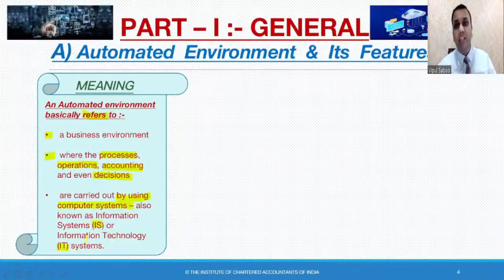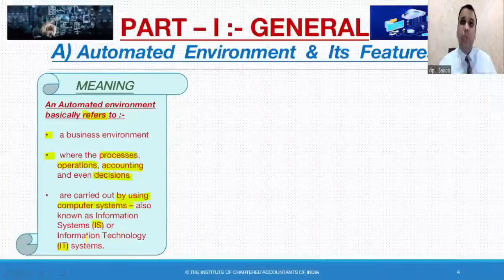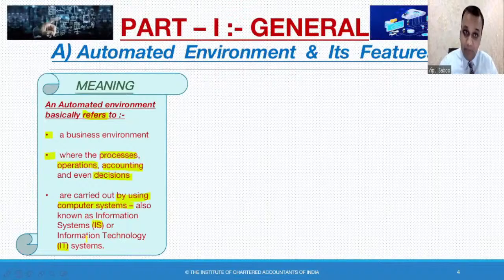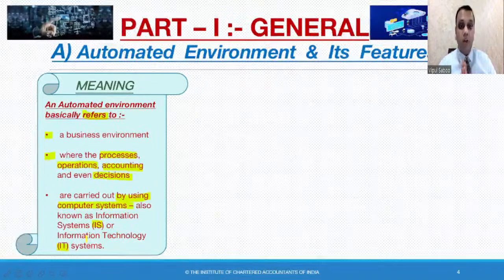You call it IT, you call it IS, one and the same. So an automated environment is basically a business environment where the processes, operations, accounting, and even decisions are carried out by using computer systems. That is automated environment. Very simple.